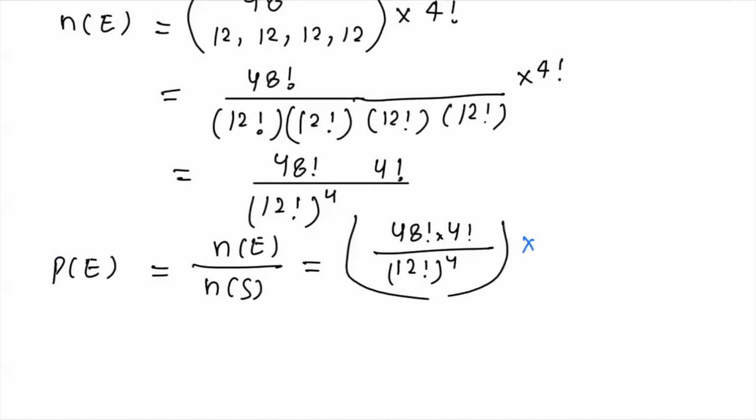So I'm just multiplying by the reciprocal of n(S), that is 13 factorial power 4 divided by 52 factorial. If you wish, you can calculate the answer using a calculator.